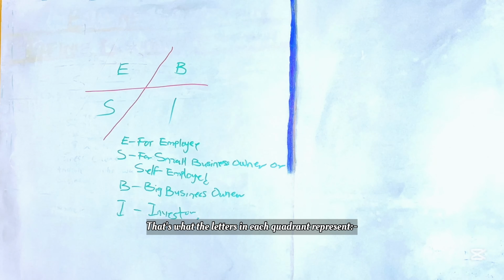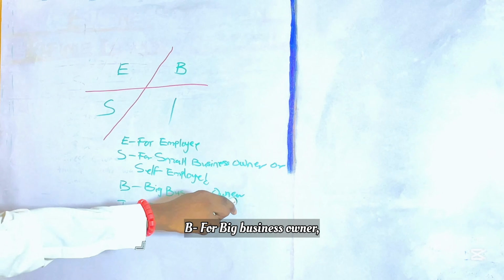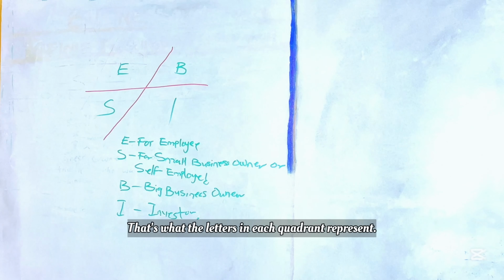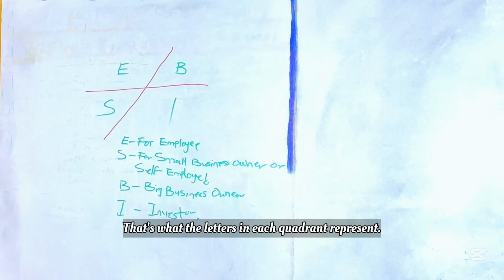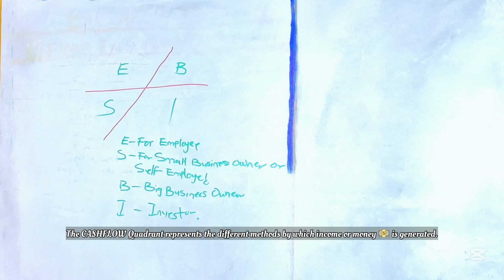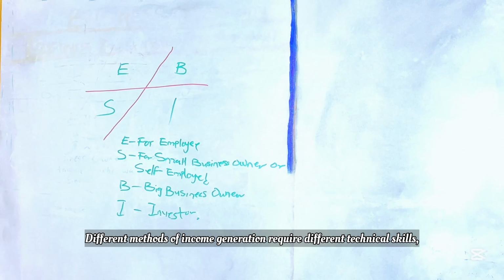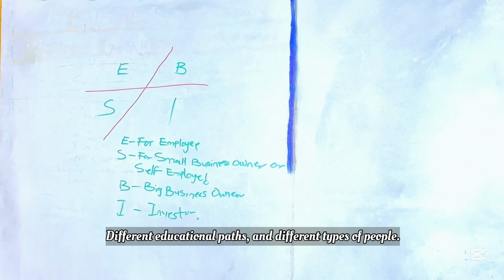E for employee, S for small business owner or self-employed, B for big business owner, I for investor. That is what the letters in each quadrant represent. The cash flow quadrant represents the different methods by which income or money is generated. Different methods of income generation require different technical skills, different educational paths, and different types of people.